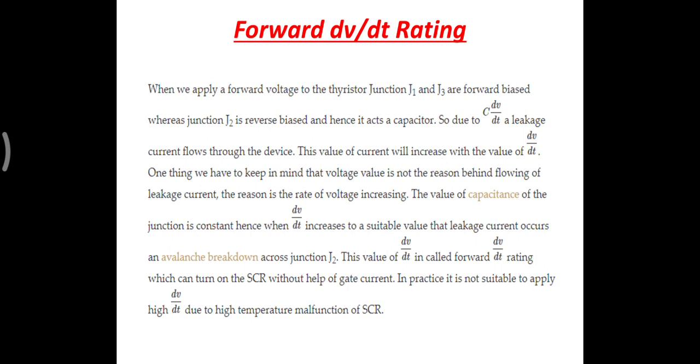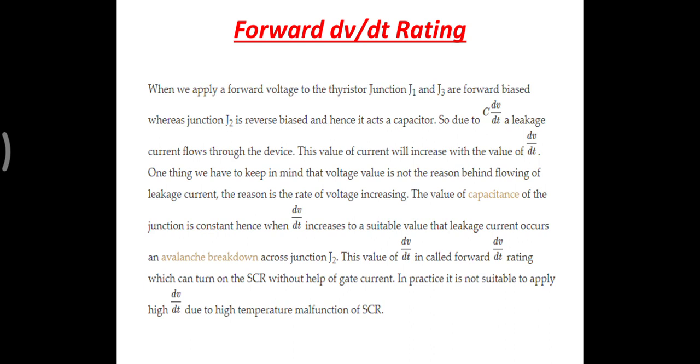Next, forward dV/dt rating, that means the rate of rise of voltage rating. When we consider this, in forward blocking mode, junctions J1 and J3 are in forward bias and junction J2 is in reverse bias, and hence it acts as a capacitance.